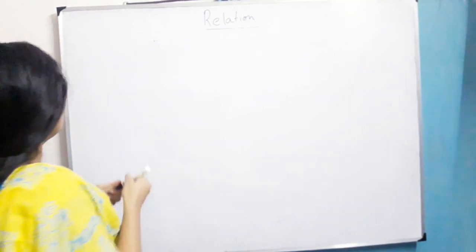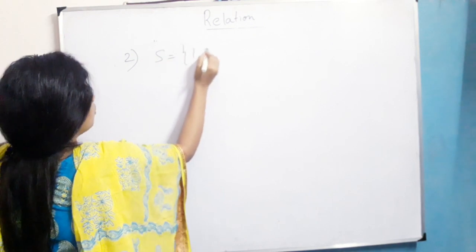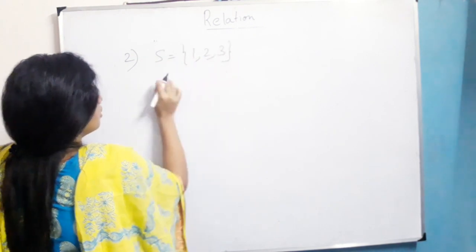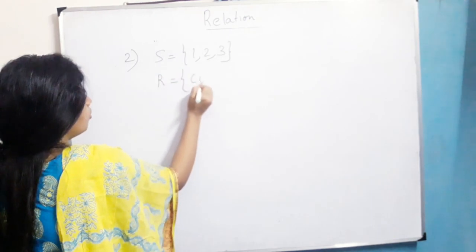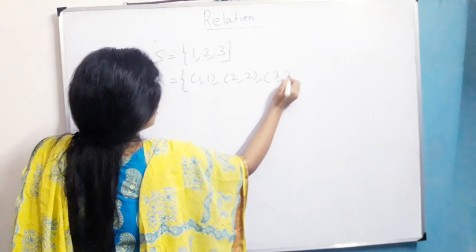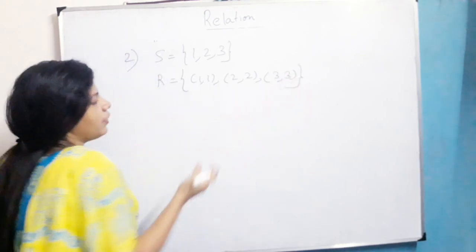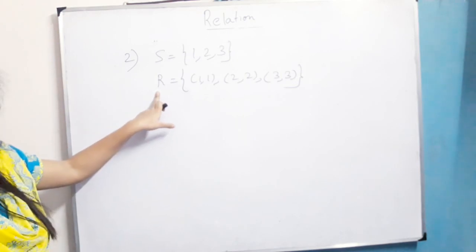More examples I will take here. Number 2, suppose I take S as {1, 2, 3}, and I am taking R as (1,1), (2,2), (3,3). I can define any relation from here: both the numbers are the same.